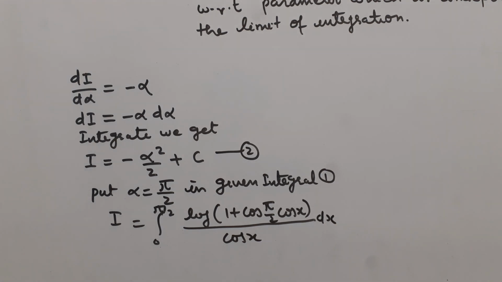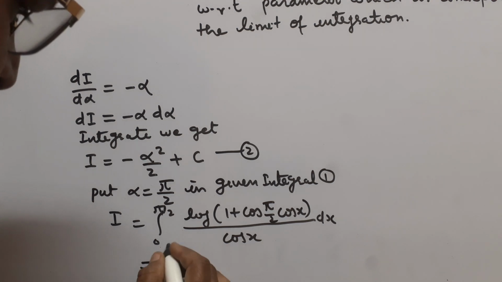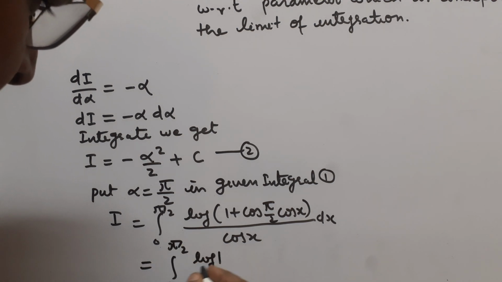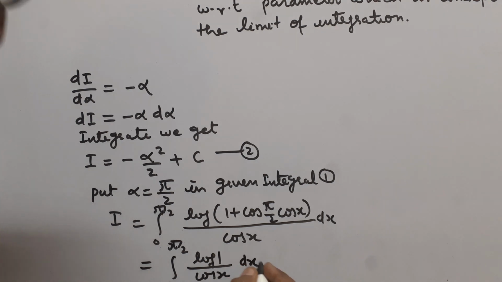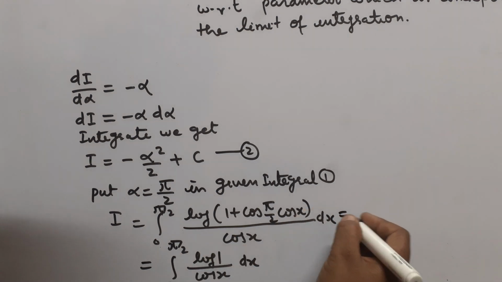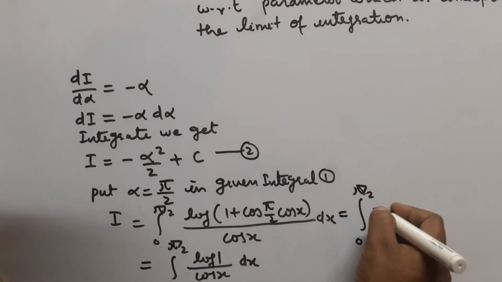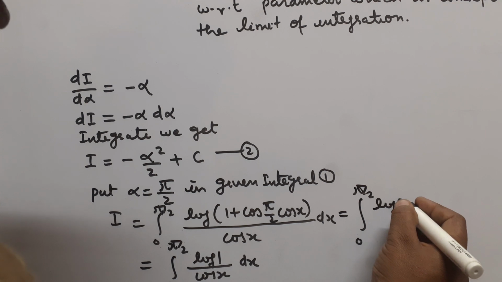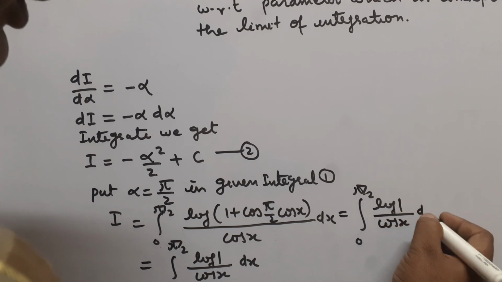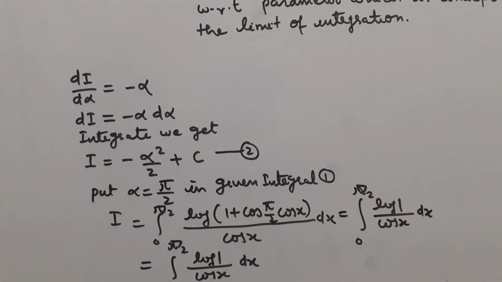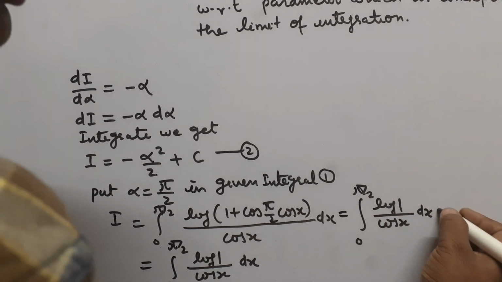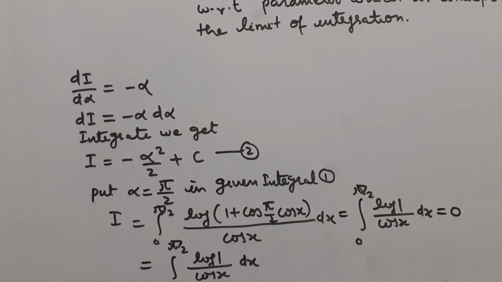We know that cos pi by 2 is equal to 0, so it becomes integration 0 to pi by 2 log of 1 divided by cos x dx. And because log 1 is 0, this integral is 0 when we put alpha is equal to pi by 2 in the given integral.